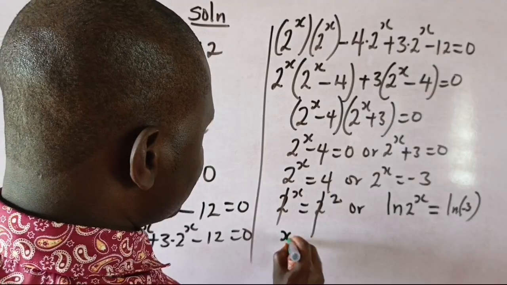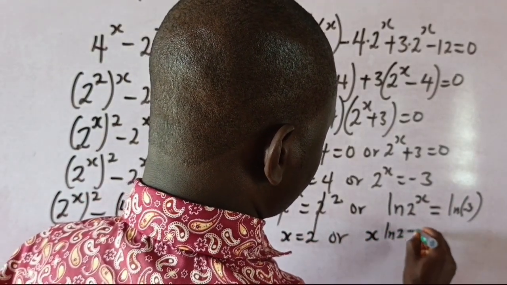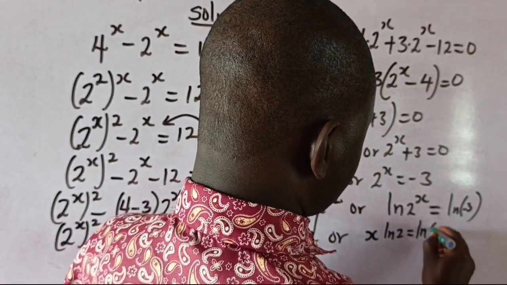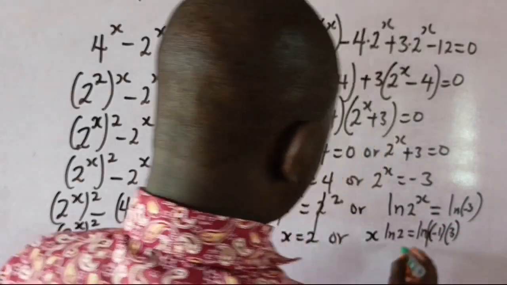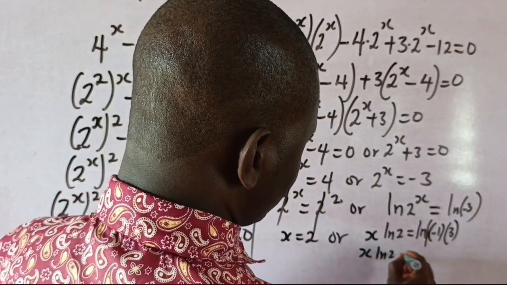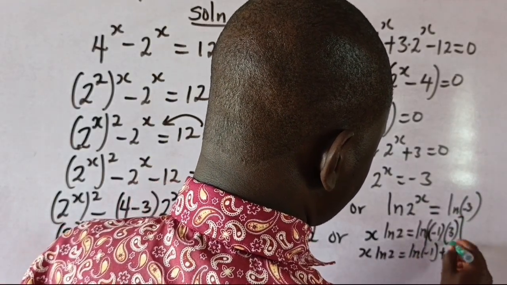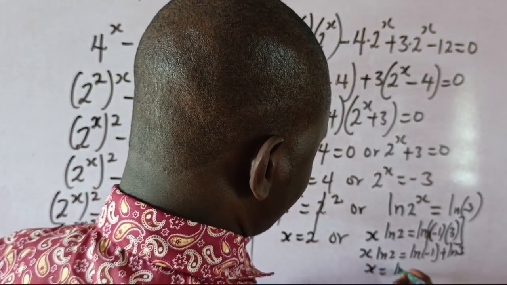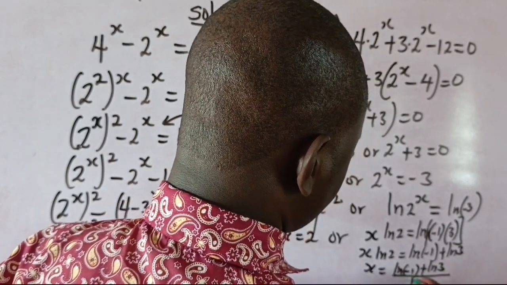Now we have x equals 2, or here we have x ln 2 equals ln of minus 3. Using logarithm, this can be written as ln of minus 1 times 3. Simplifying further, we have x ln 2 equals ln of minus 1 plus ln 3, which implies x equals ln of minus 1 plus ln 3, divided by ln 2.